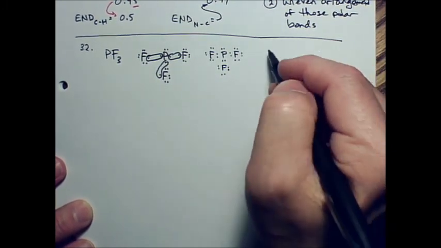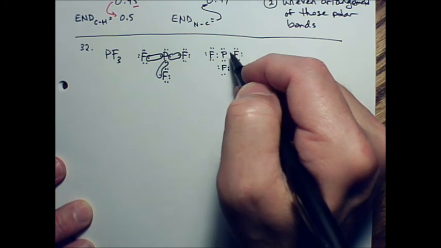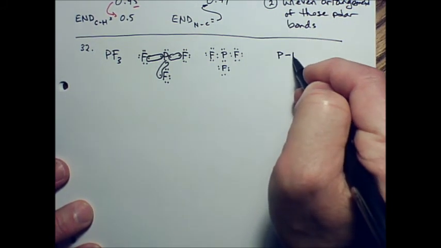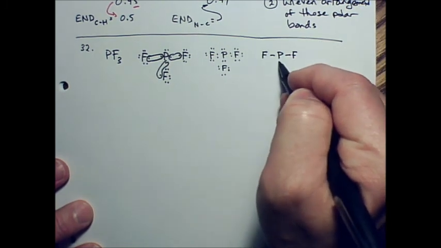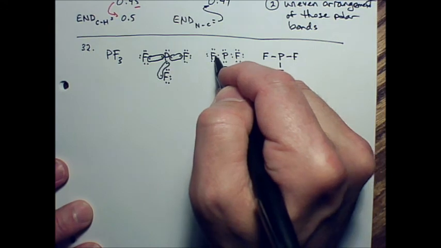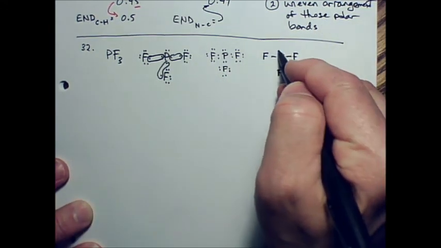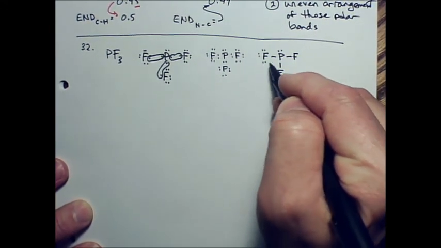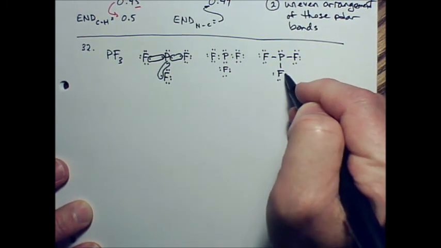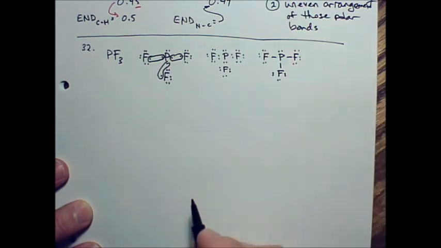And then we'll go to the Lewis formula, where we replace shared pairs, and only shared pairs, with lines. So only this set of electrons and this set of electrons and this set of electrons are shared. All the others we have to leave as dots. So that's actually showing the bonds between elements there.